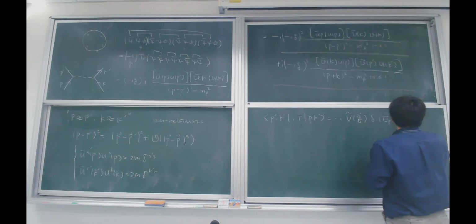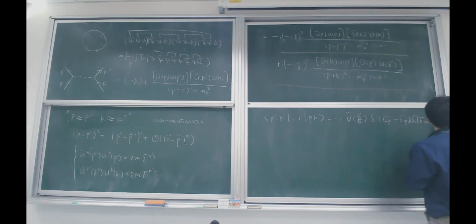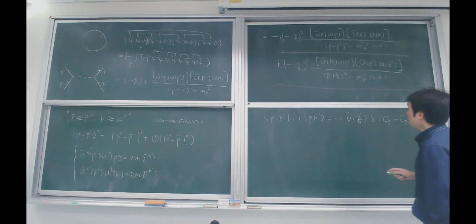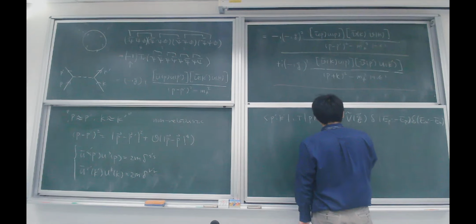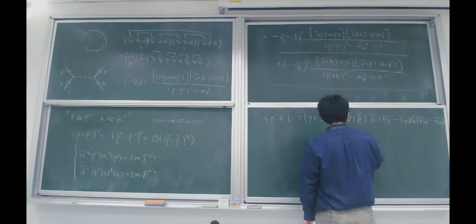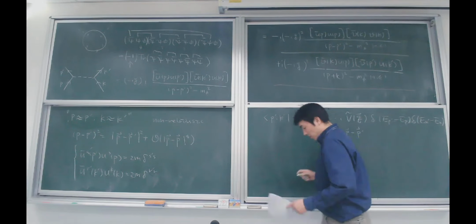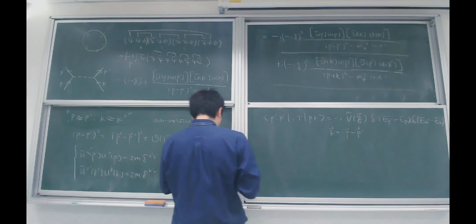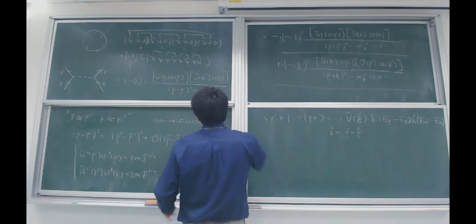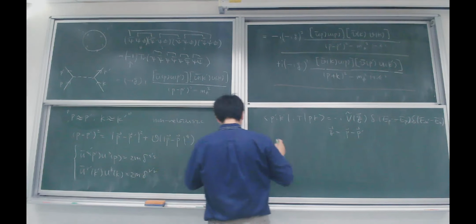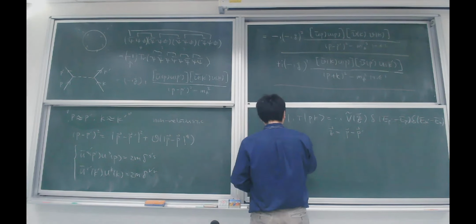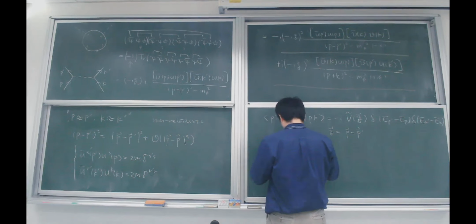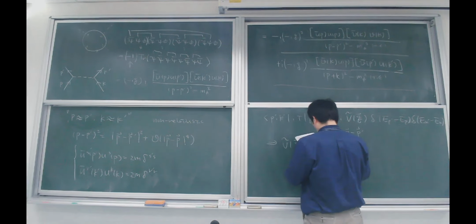Essentially, I think I should include it this way, and also delta prime as k, and q prime. q is p minus p prime, like this. And then plug this one into here. So then this means that V tilde(q) is equal to minus g squared over q squared plus m squared, essentially.